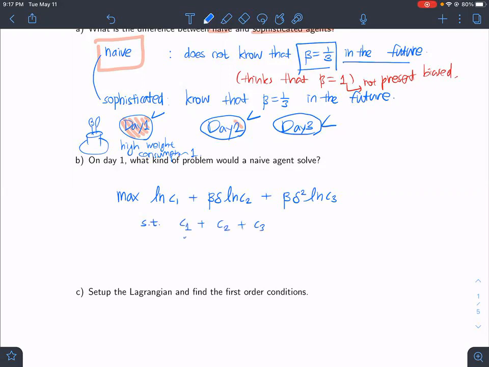So consumption of cake on day 1, day 2, and day 3 should add up to 1. I have one cake.